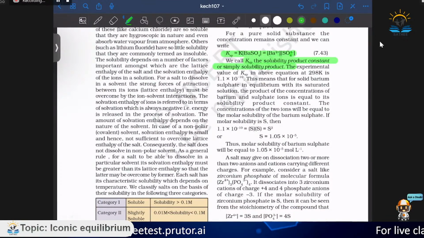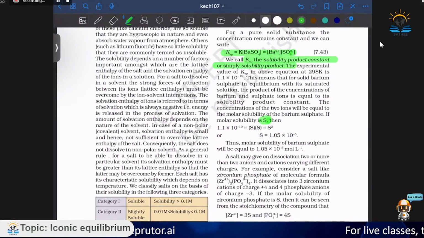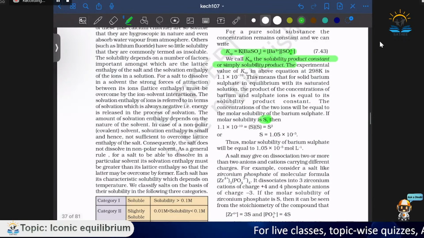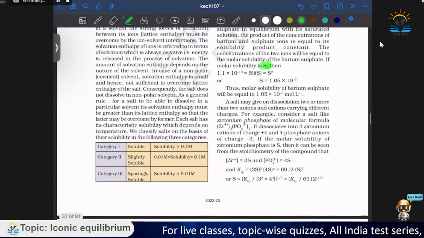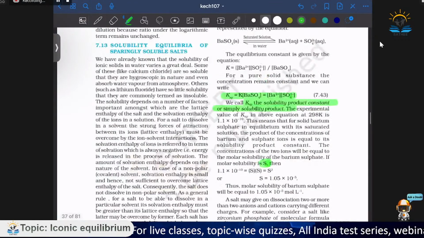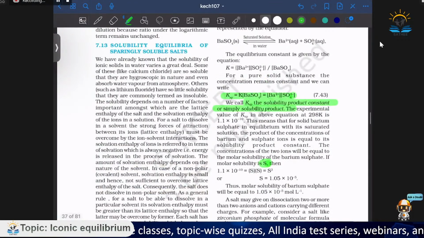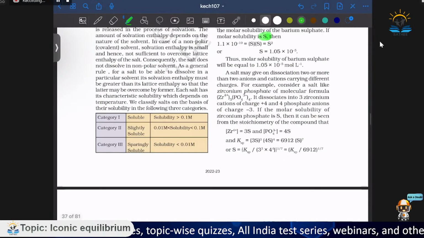What is solubility? Molar solubility is the concentration which is present in the solution. Solubility is defined as S. It is basically the concentration only, and S you can easily calculate from the KSP expression. Just keep in mind the coefficients, the stoichiometry.